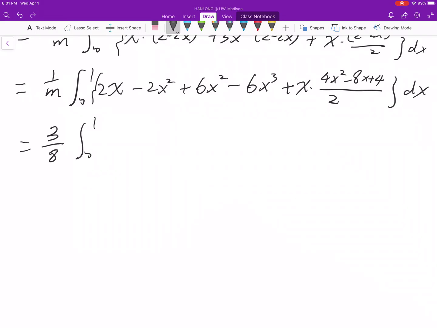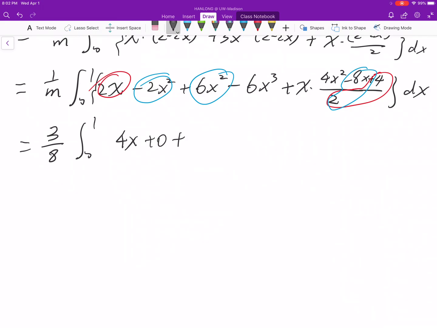And then inside, let's look at it. There's no constant term, and for the linear term, you have this one and then this one. So you have 2x plus 2x, so 4x. And then for the quadratic term, this and then this, so you cancel out.